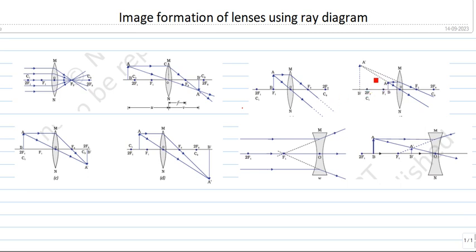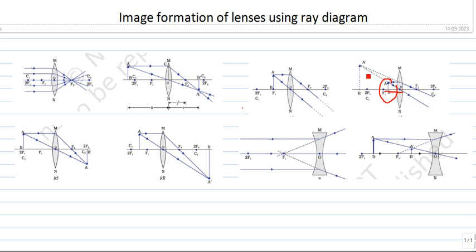Yes. So the sixth position is where the object is between F and O, between F1 and the optical center. This is F1, which is on the left side. Between F1 and O, you place the object and draw two rays, one again parallel to the principal axis and one passing through the optical center. What we see is these two lines do not meet on the right side.